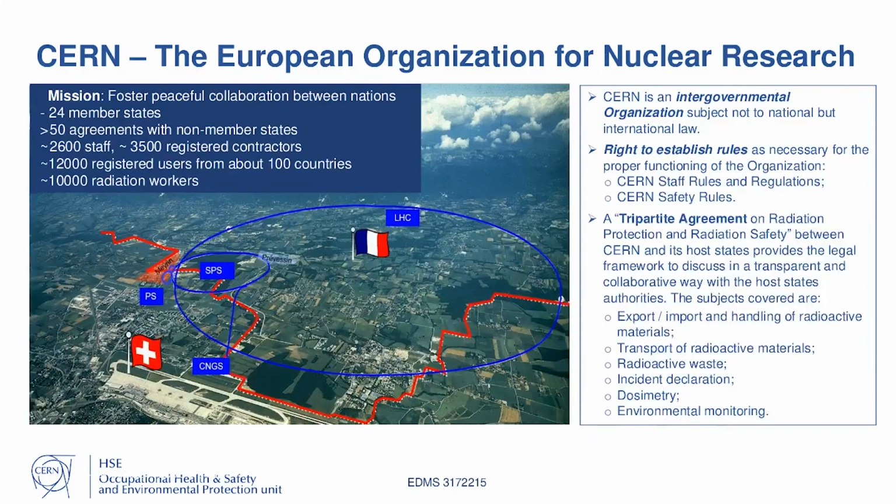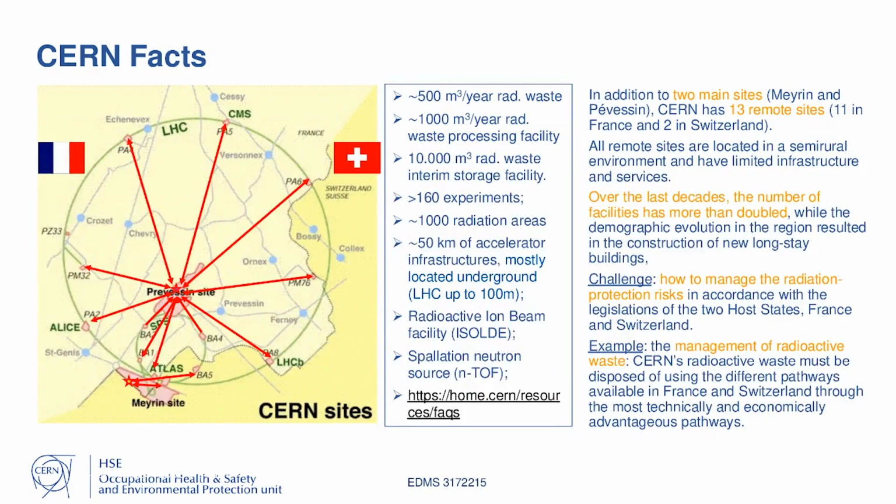The situation is even more complex if you think that we are installed in an almost rural area where we have to transport our radioactive components on public roads, collect them, and manage and process them for final disposal. Every year, we produce about 500 cubic meters of radioactive waste.